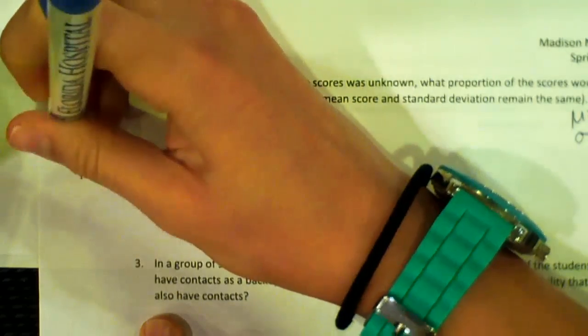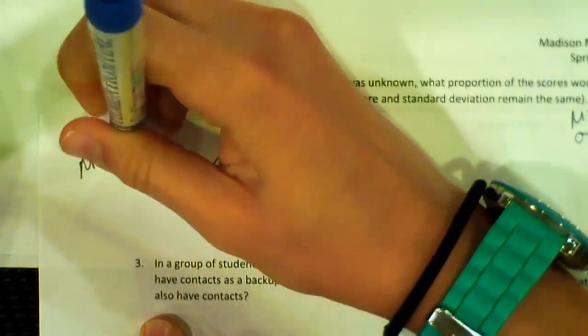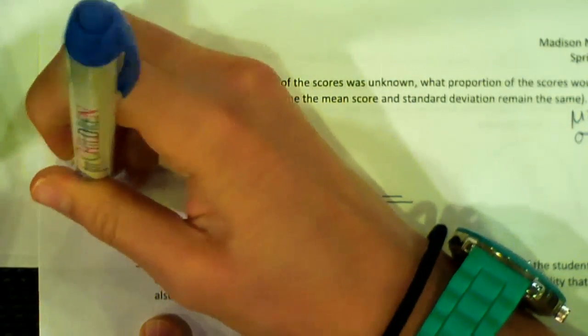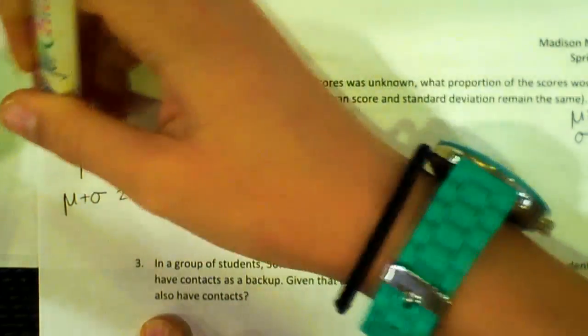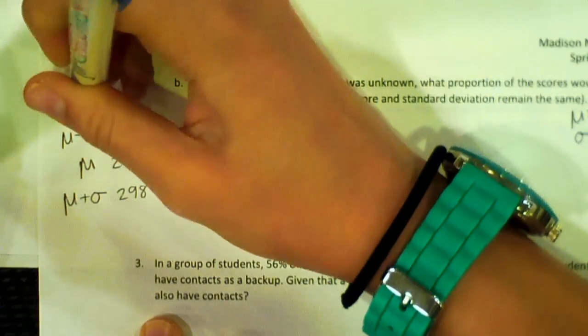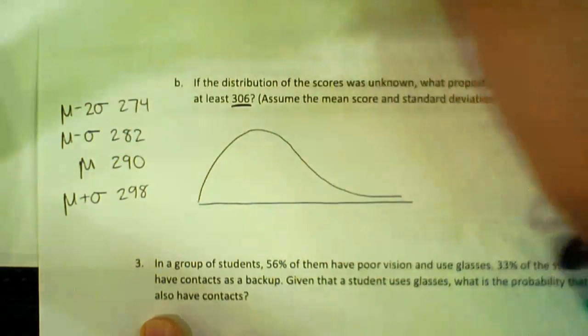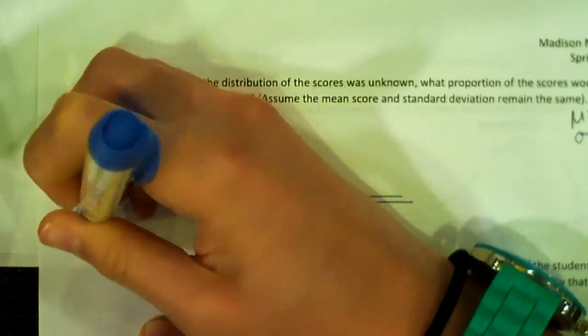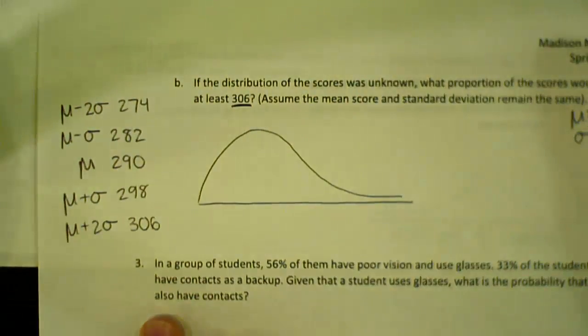And we said in the last part of the problem, this was 1 standard deviation away. If we did 2 standard deviations away, we have 306 right here.